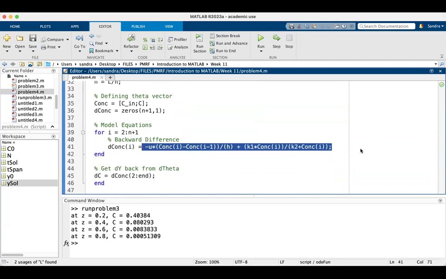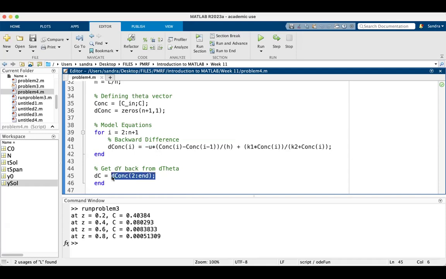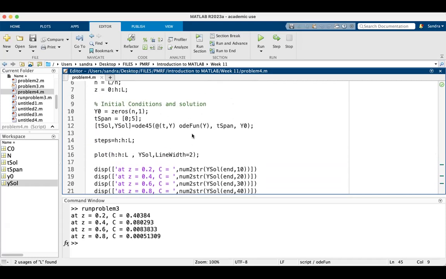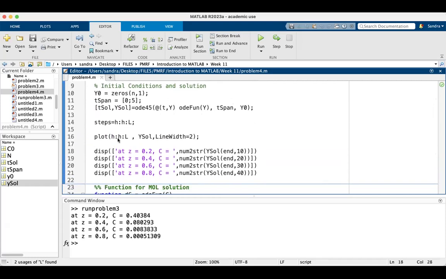Or else you can do a mix of central differencing and backward differencing. Here I'm using backward differencing because it is more stable. Then as an output, I extract from 2 to n of D concentration. That goes here.